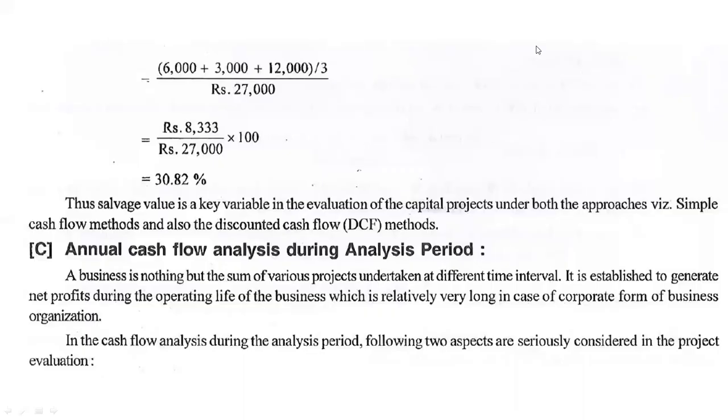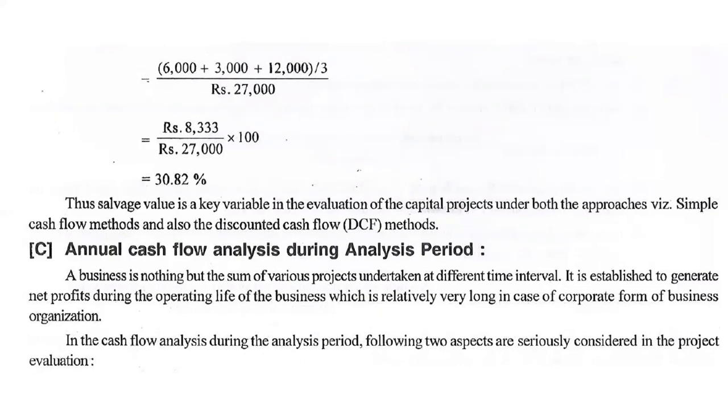Let's start today's topic, which is called annual cash flow analysis during analysis period. For this, we have to know what business is. Business is the sum of various projects that can be undertaken at different time intervals. It is estimated to generate net profit during the operating life of the business, which is relatively very long in the case of corporate forms of business organizations.